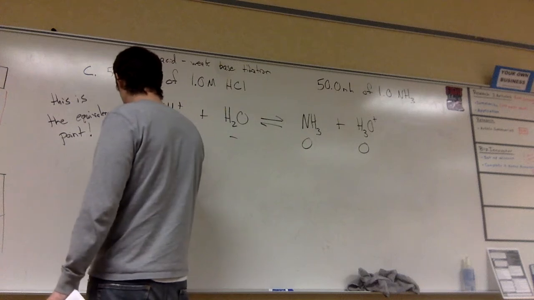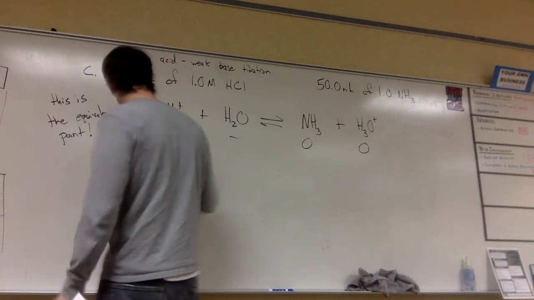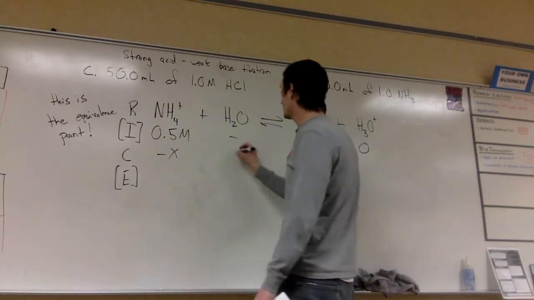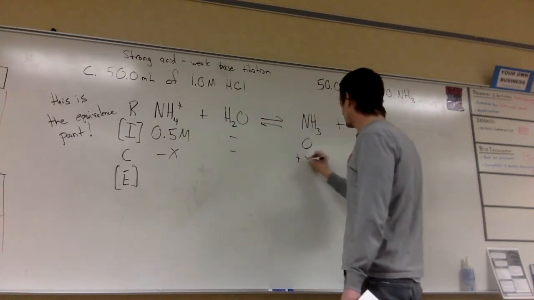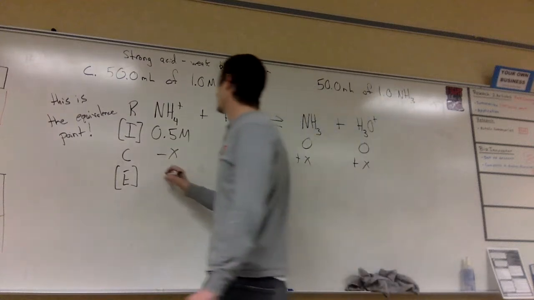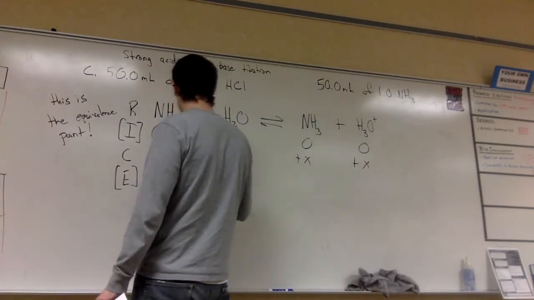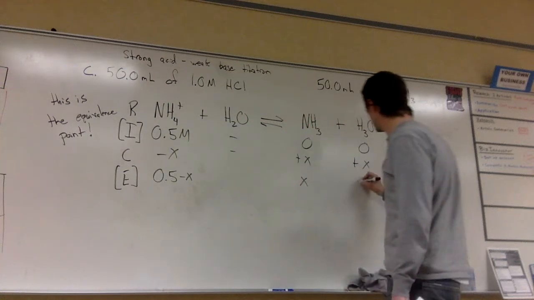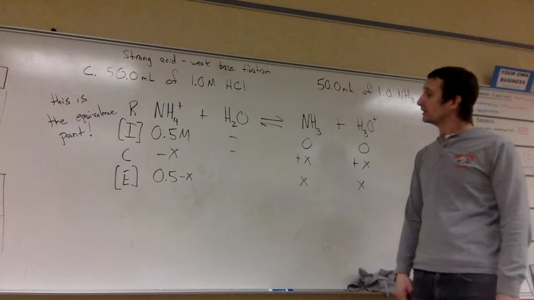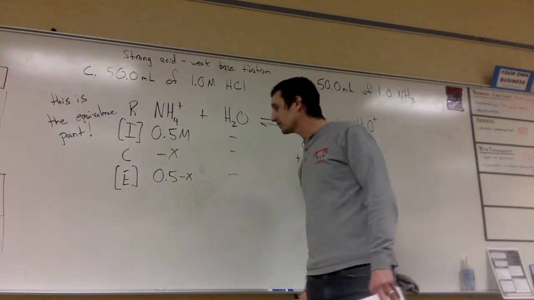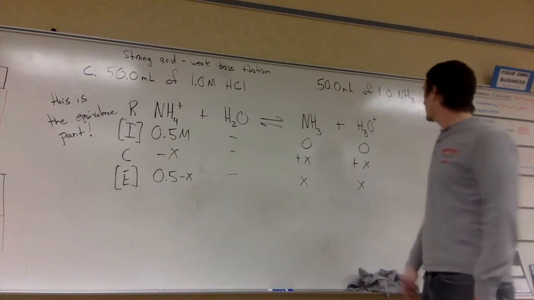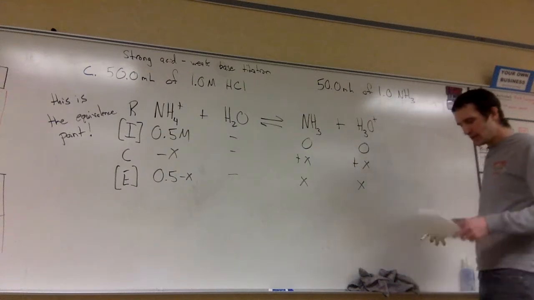We can find the equilibrium concentrations by knowing we lose from the reactant side, we gain on the product side. So this is going to end up being 0.5 minus X. This is X amount, this is X amount. Hopefully this is looking familiar to you now, that we've done enough of these that you can kind of see the pattern here. I can write a Kb expression for this.